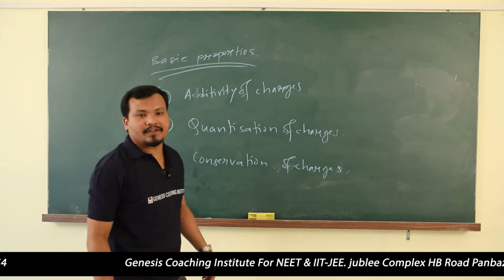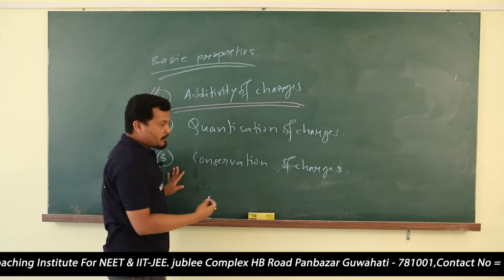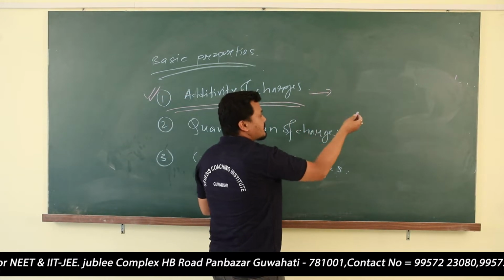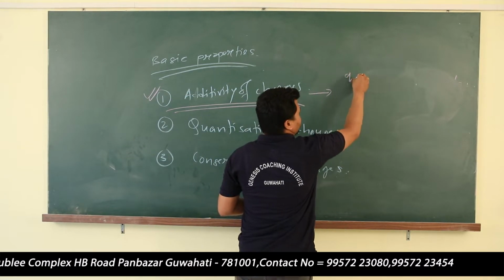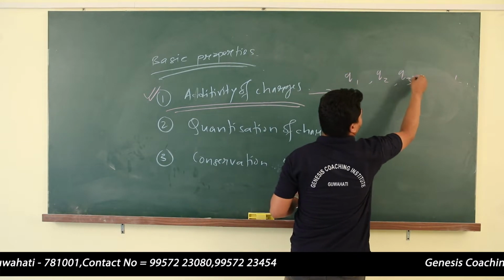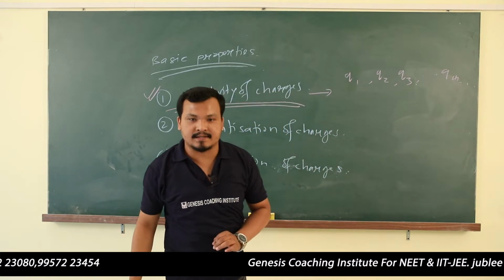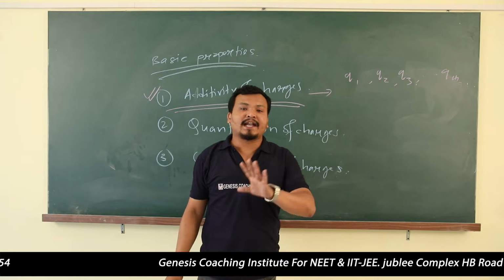So what is additivity of charges? This property means if we have a system of charges, suppose Q1, Q2, Q3 up to Qn, that means n number of charges. A system consists of n number of charges.